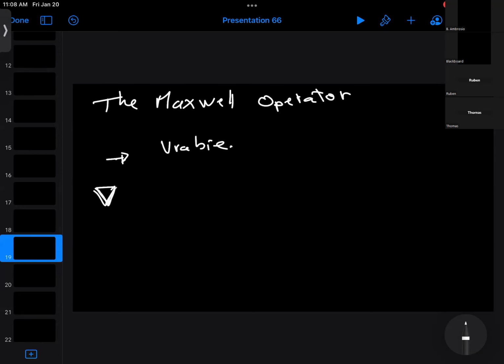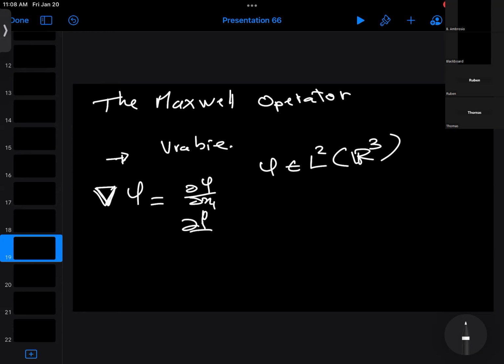Since we are going to write these equations, gradient of phi, let's say phi now is a function from R3 to R, but it's in L2. And so this is d phi dx1, d phi dx2, d phi dx3. Okay? All right.